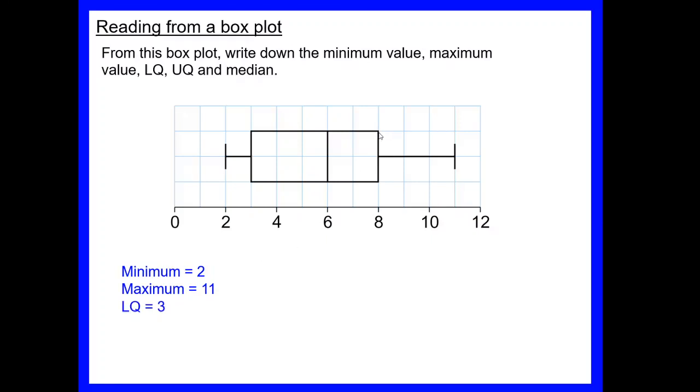The upper quartile, the other edge of the box, is at 8. And the median is the line inside the box, which is at 6. Check that you've understood where each of those values have been read from before you move on.